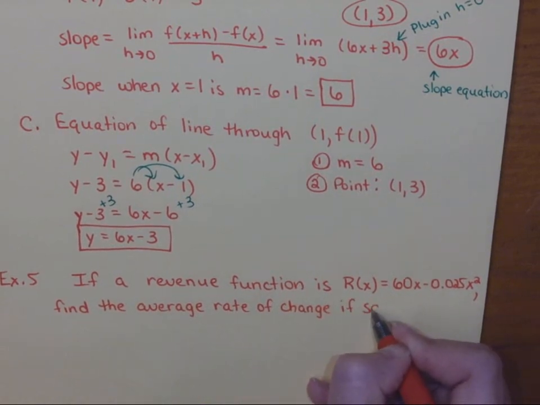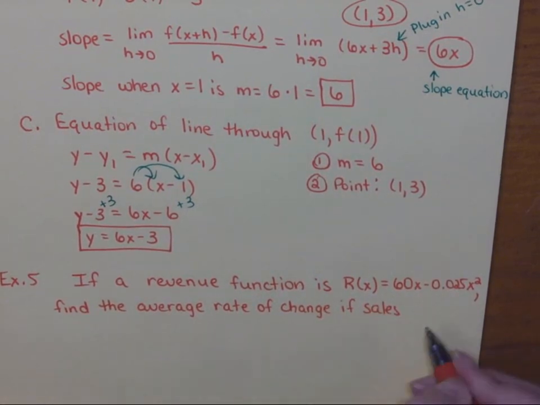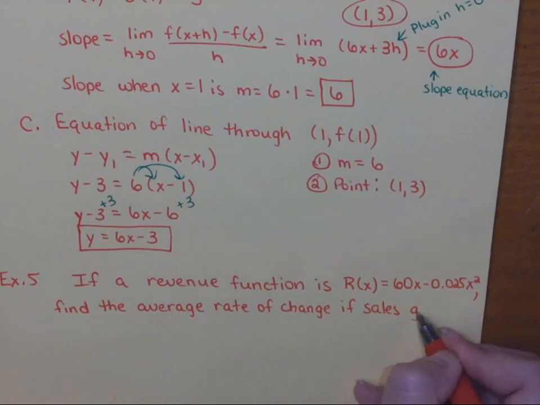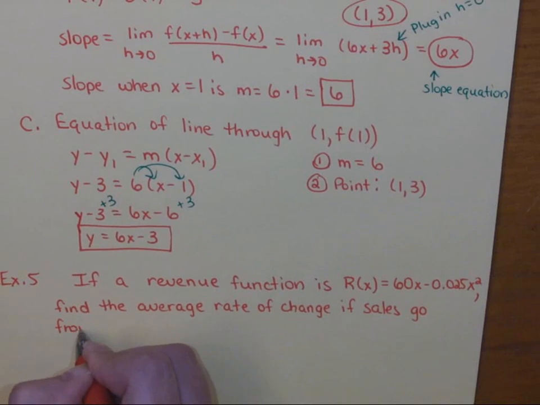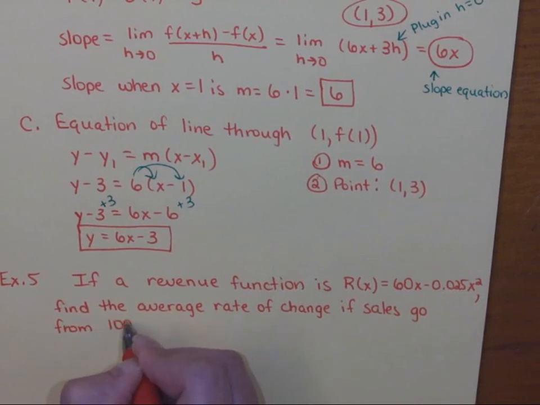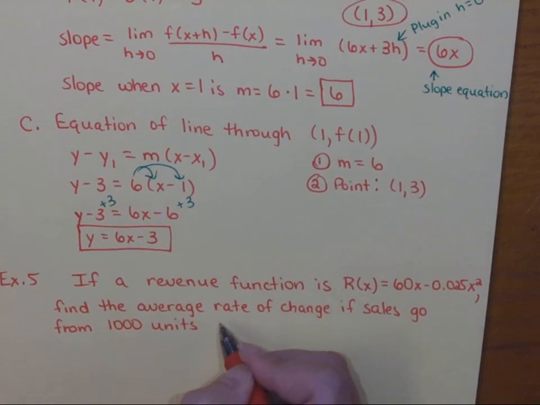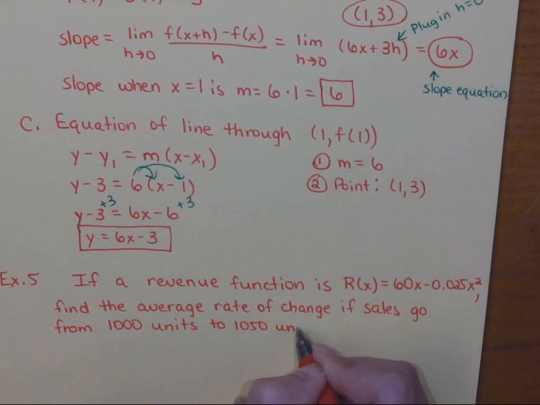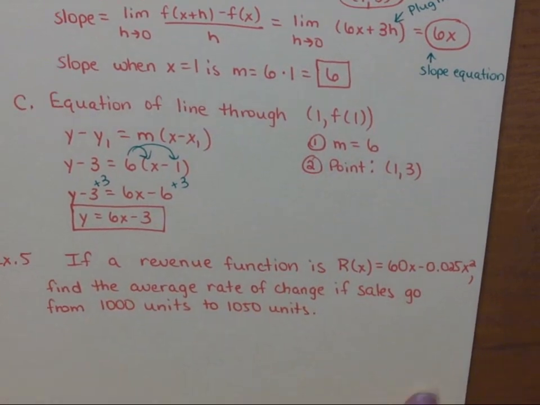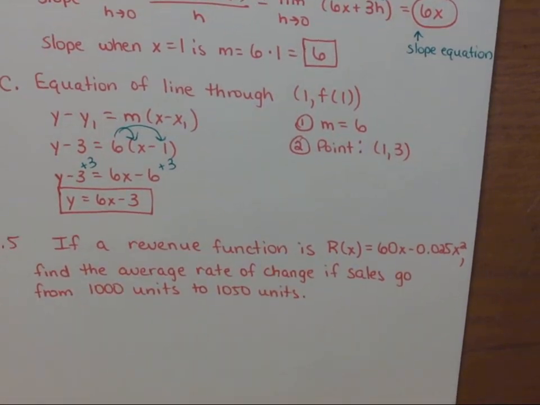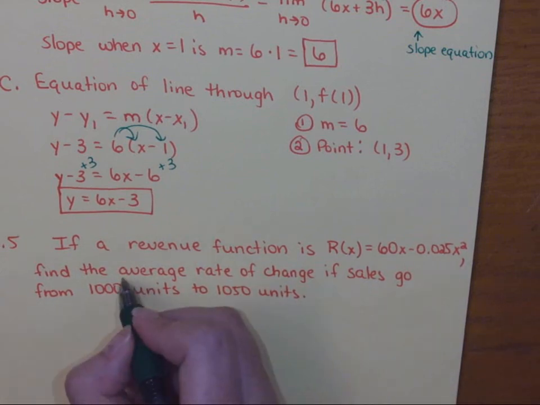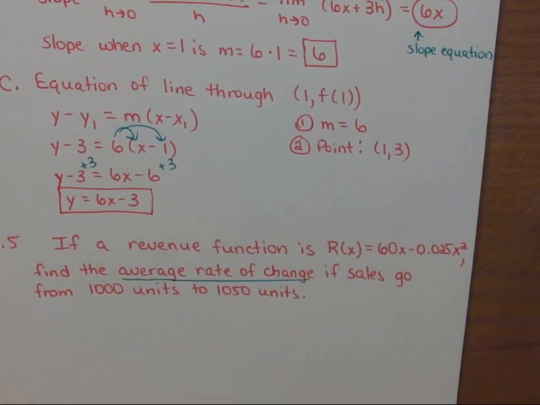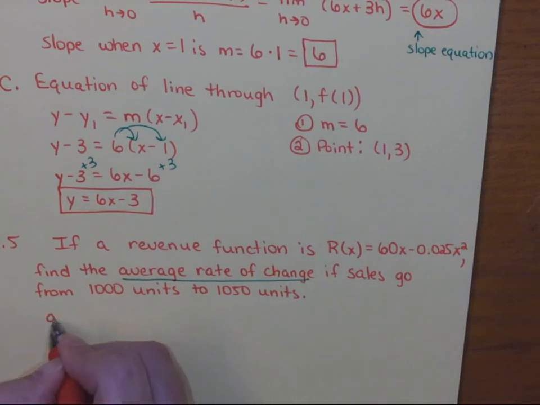If sales increase, sorry about that, from 1,000 units to 1,050 units. Okay, so when you see average rate of change, that means we're using this formula.